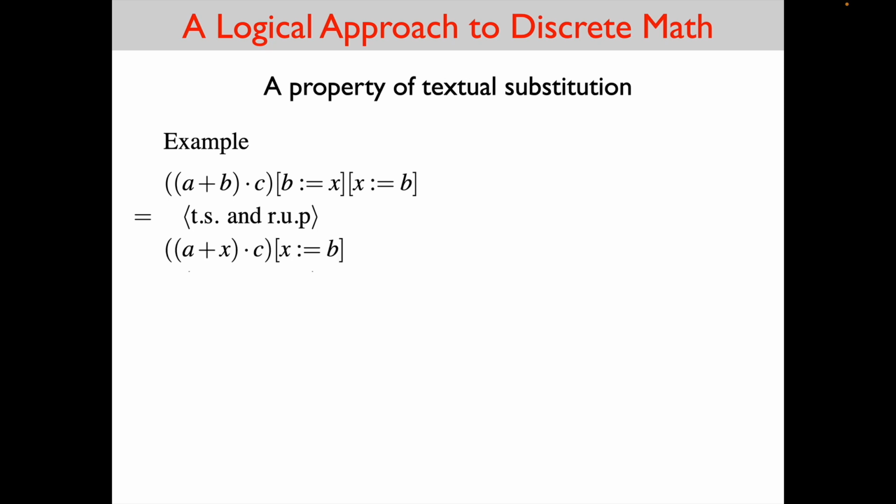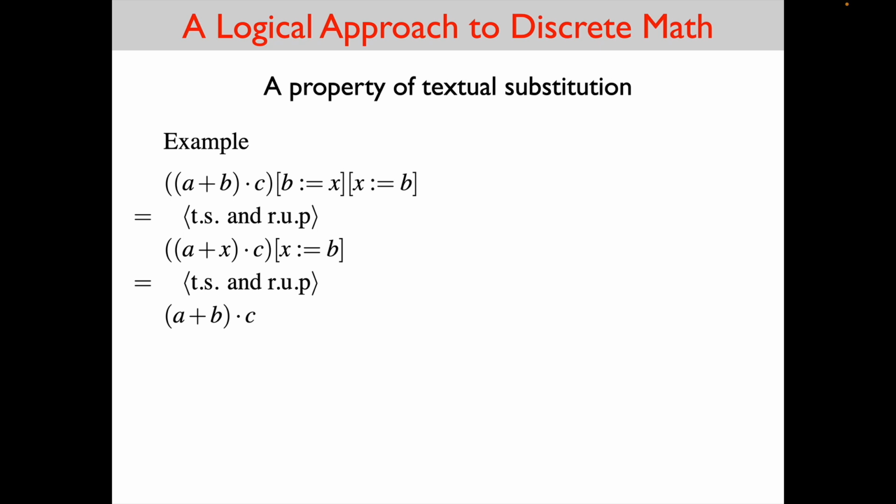I hope you got a + x * c, and then we bring down the textual substitution x replaced by b. And now how do we do this textual substitution and remove unnecessary parentheses? Well, everywhere there is an x, you replace it with b. So the result of this is a + b * c.